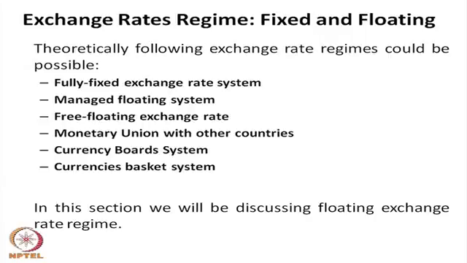In between, managed floating means there is a floating rate and the country tries to adhere to a certain exchange rate. Monetary union with other countries means currency basket and currency union possibilities are there. Currency basket means a country has a basket of foreign currencies and tries to maintain the domestic currency linked to this basket.